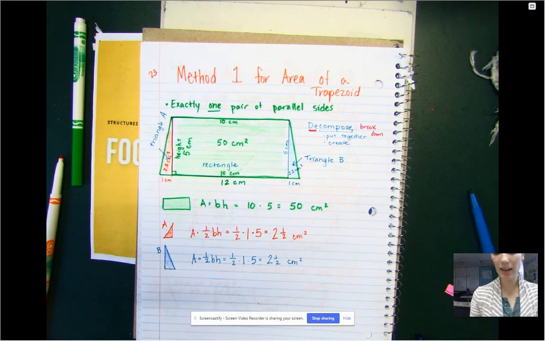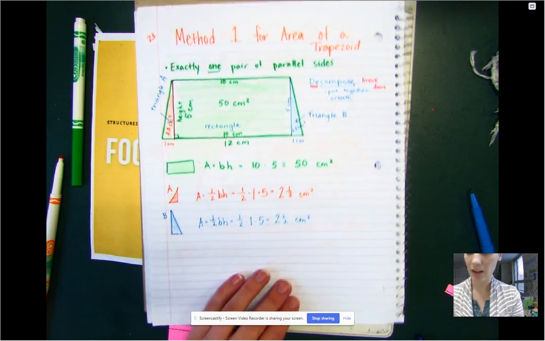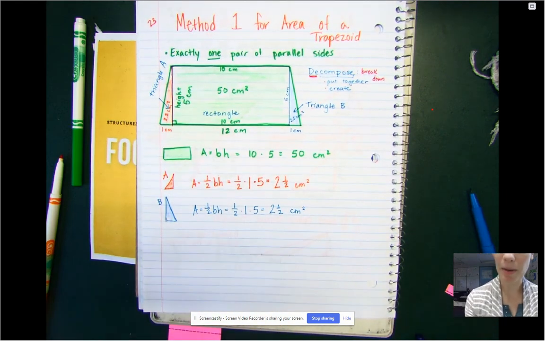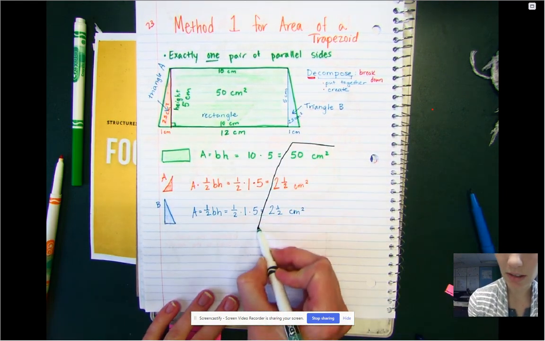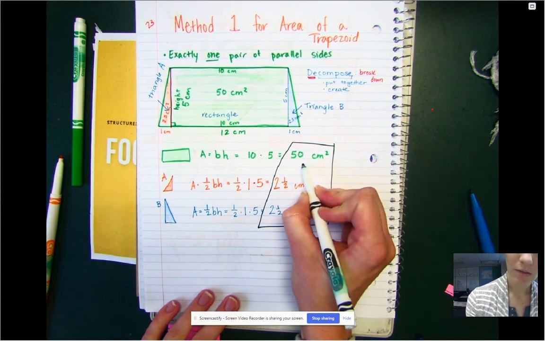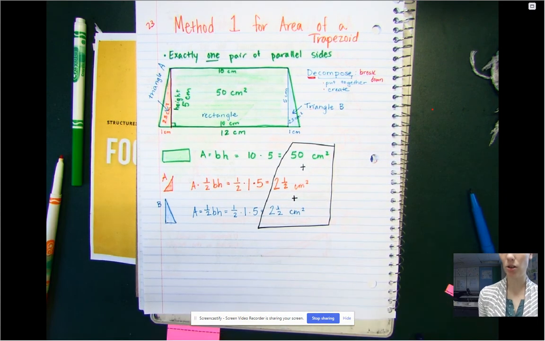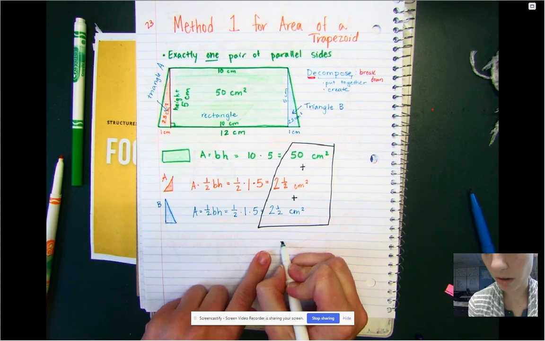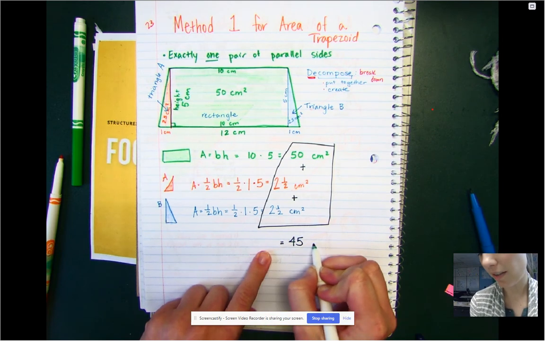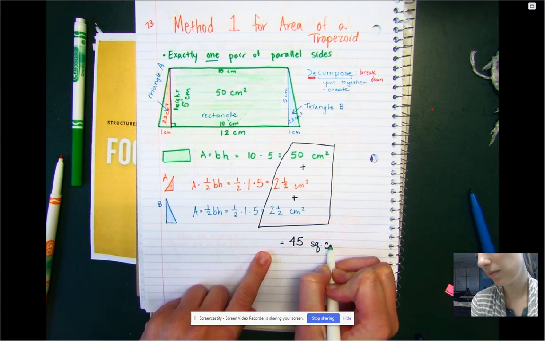So my area of my trapezoid then is what happens when I combine all three of these. 50 plus 2.5 plus 2.5, which equals 45 square centimeters.